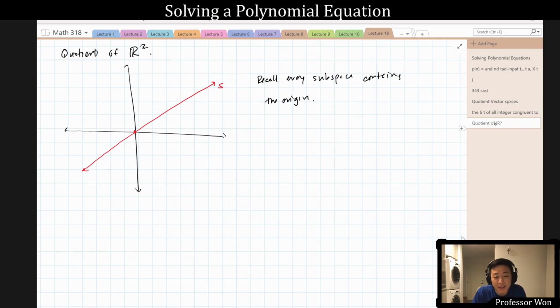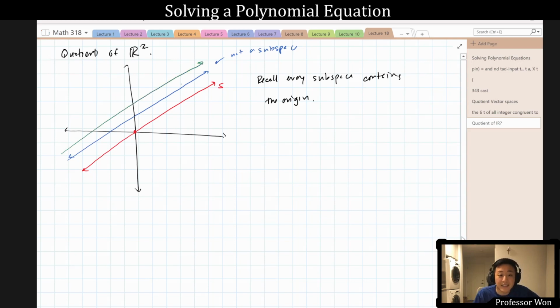But what I can look at is all the lines that are parallel to S. So here's S. Here's a line that's parallel to S. This thing is not a subspace. All it is is just a subset of R2. But I can consider every single possible line that's parallel to S. And if I did that, I would break up R2 into infinitely many pieces, but each of the infinitely many pieces would be like a one-dimensional line.